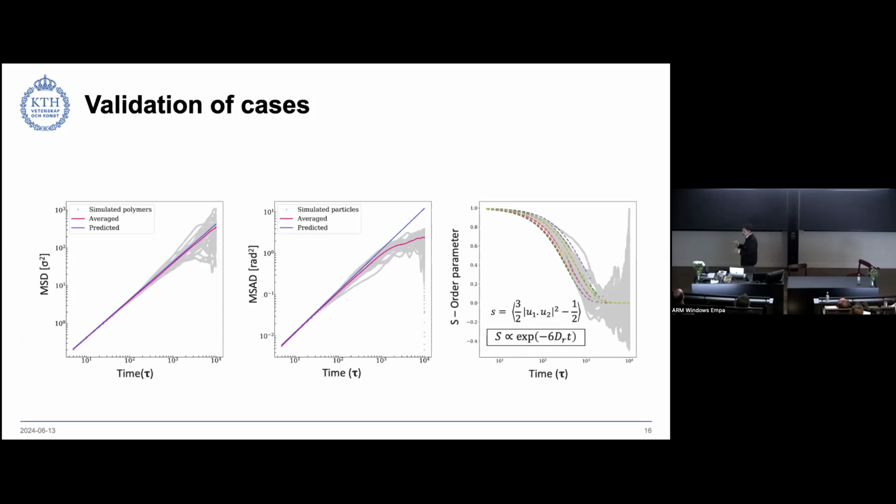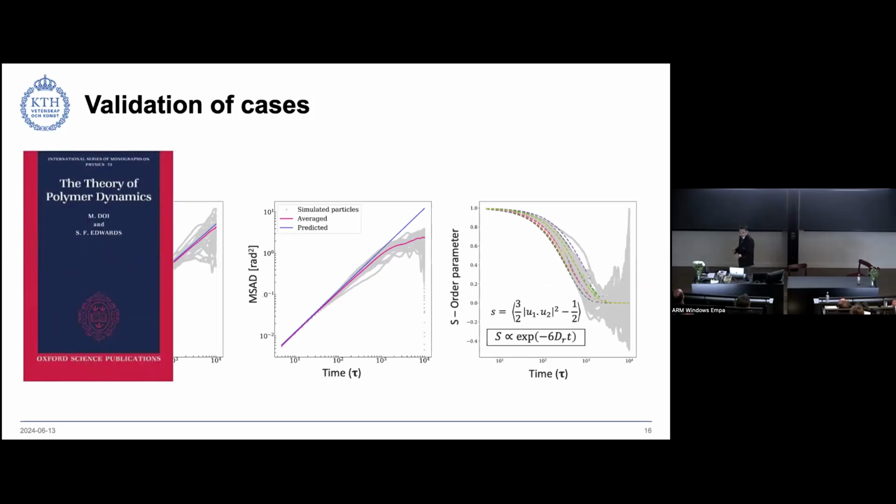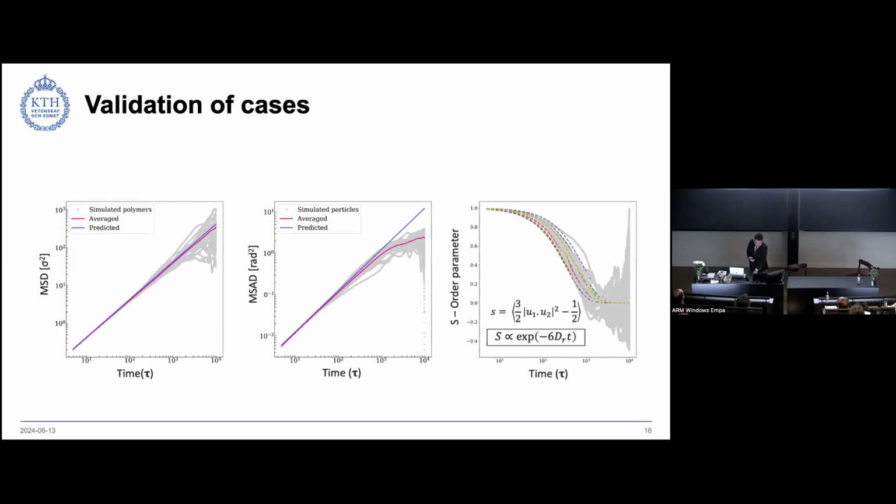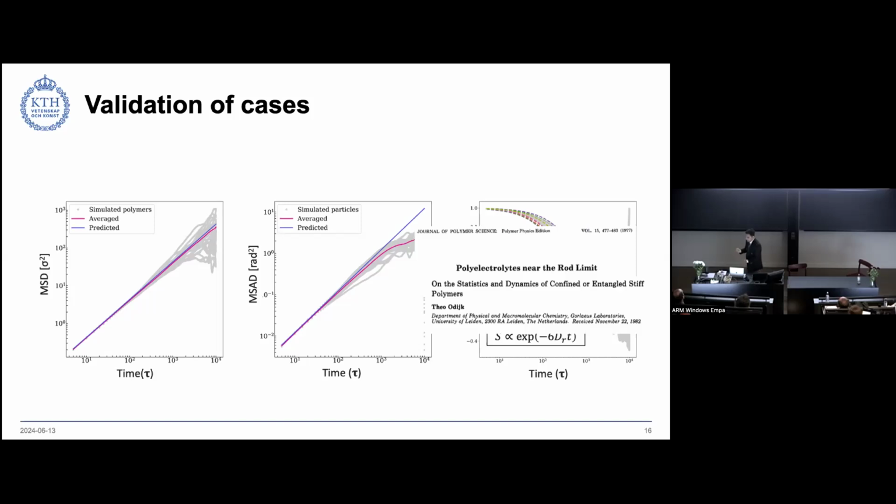So for the validation of the cases, since I have a wide range of cases with different concentrations and different flexibilities, I have used different resources. For the rigid rod particles, I have used Doi and Edwards' book and all the papers related to this topic from them. And when it comes to effective flexibility, since Professor Odijk has established this theory, I have used this paper.